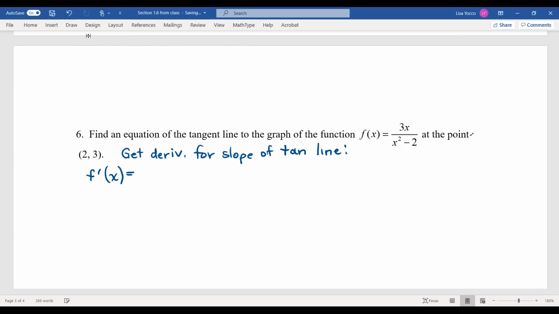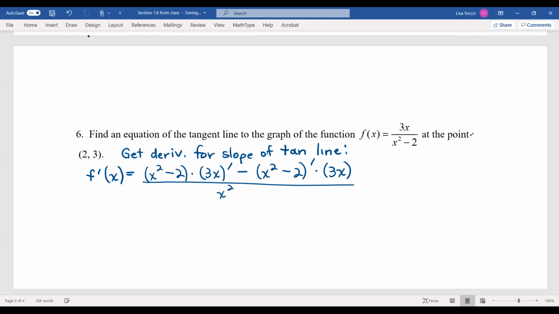And again, that's a quotient, so we will start with the denominator times derivative of the numerator minus, swap them around, derivative of the denominator times the numerator.